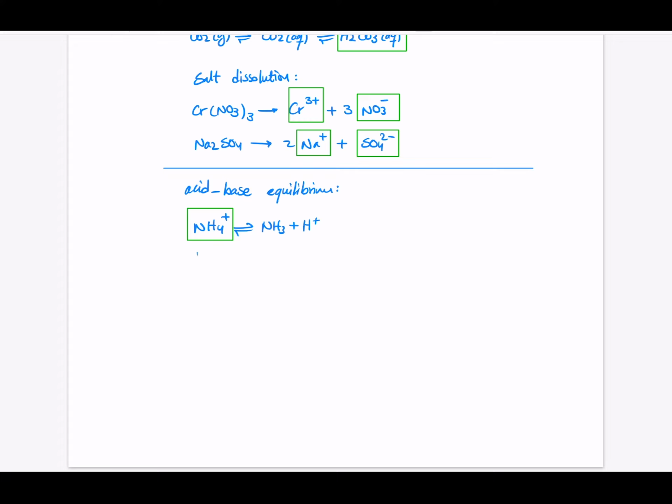Also, once we have H2CO3, it dissociates to bicarbonate. Once we have bicarbonate, it dissociates to carbonate. So we introduce these 2 ions.